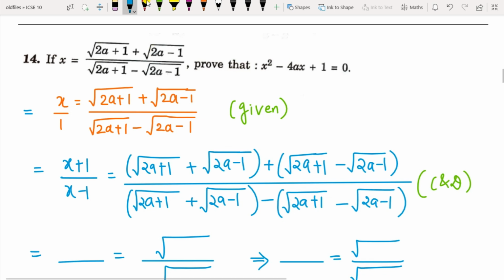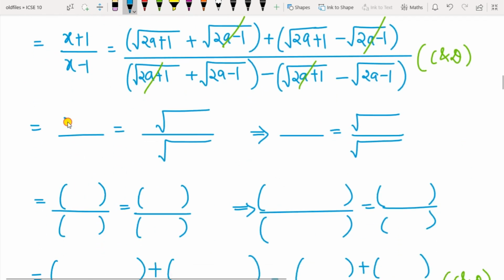Now you can cancel the same terms with opposite sign. In the numerator this will get cancelled, and in the denominator this will get cancelled. So what's remaining is (x plus 1) upon (x minus 1) equal to 2 times root of (2a plus 1) upon 2 times root of (2a minus 1), right?